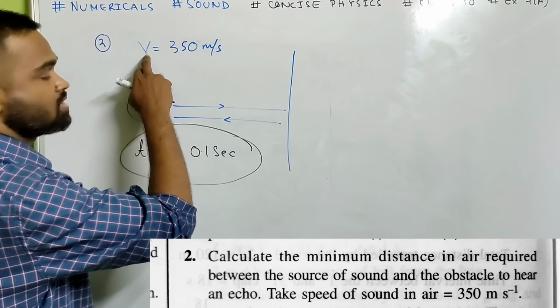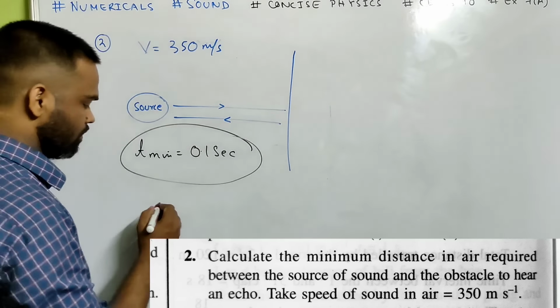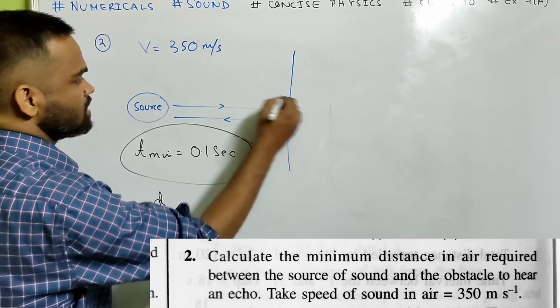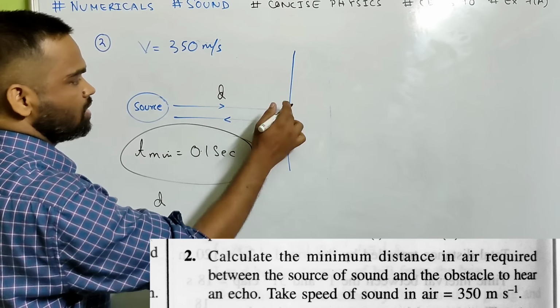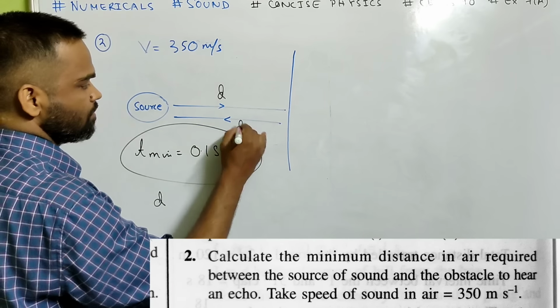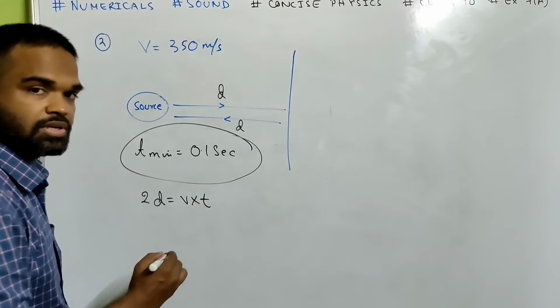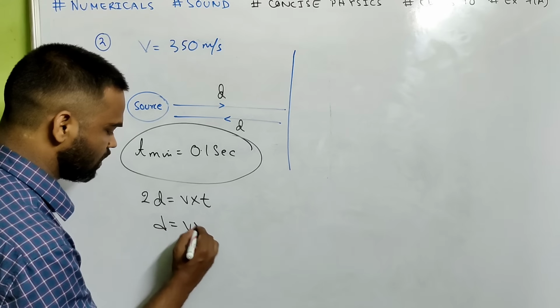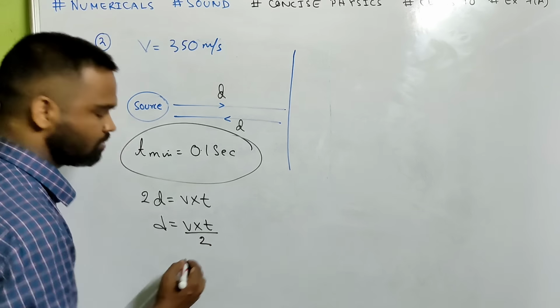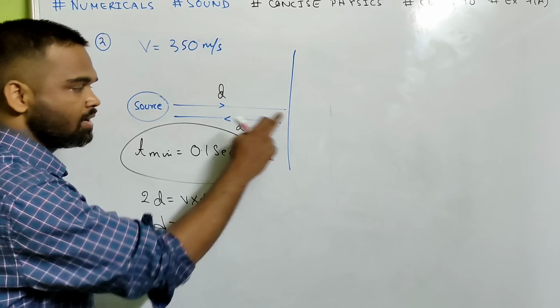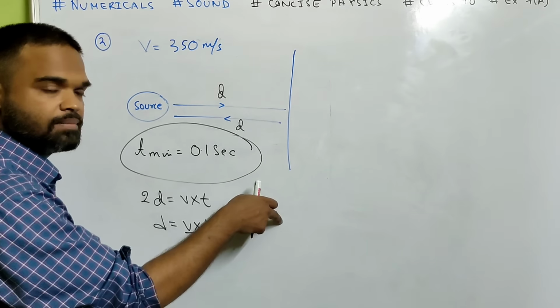We have velocity. Now we need distance. Suppose the distance is d. Then from here to here is d. From here to here is d. So twice of distance is velocity into time. Yes or no? Which means distance is velocity into time by 2. Where d is the distance between the source and the obstacle.